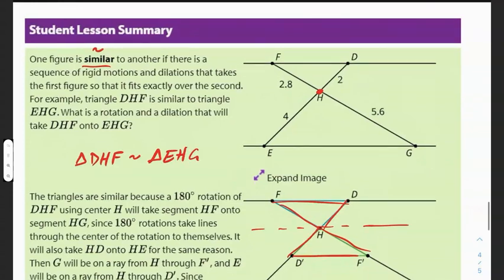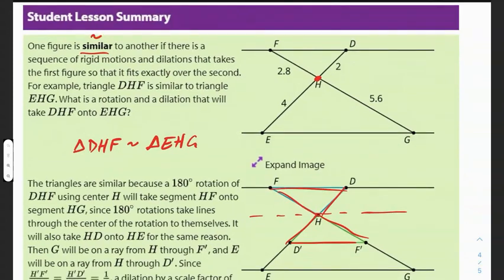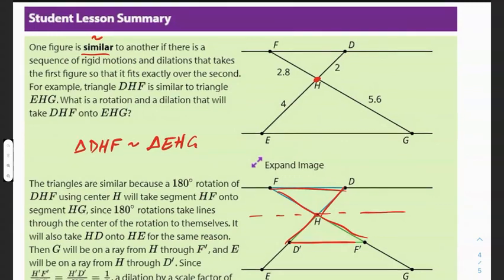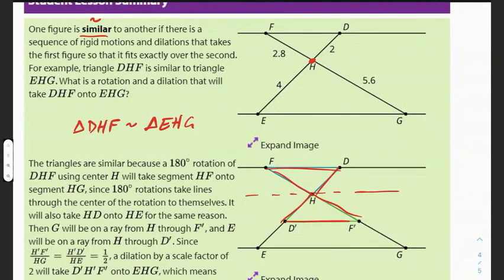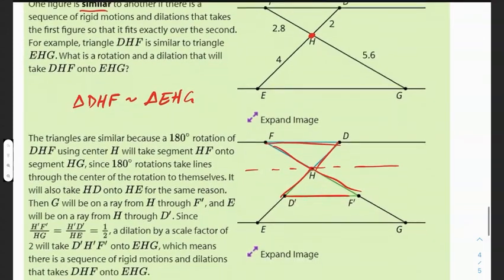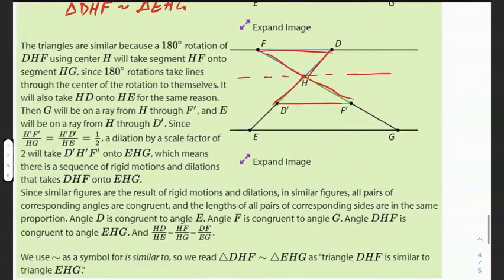Okay, so you can use rotations, reflections, translations, which are all rigid, but there definitely has to be a dilation. Make sure the dilation is applying the same scale factor to every single side length, right? And remember with dilations, angles stay the same, right? Which is probably a good indicator that you did it correctly, and you probably will also visually see similarity as well. Okay, have a beautiful day.